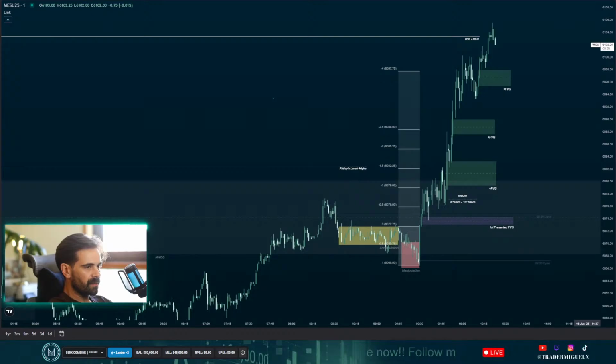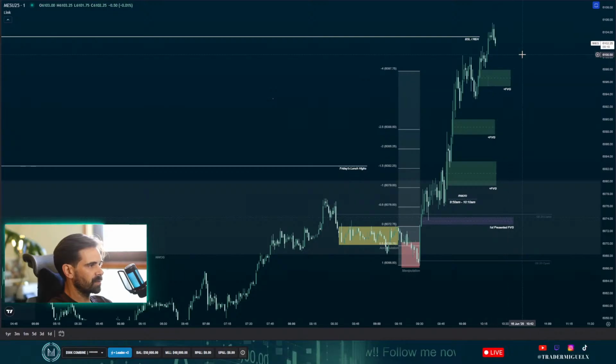So then we can eventually retrace down lower, but now we have to retrace down lower in a clean way. We have to disrespect all these bullish PD arrays at a fast pace.